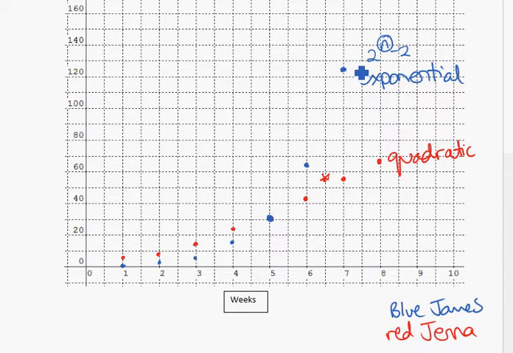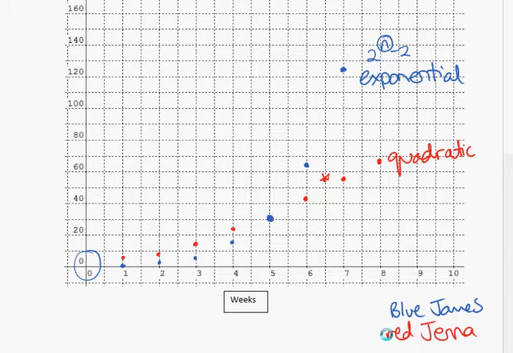But a major difference is that James's one is exponential, which has exponential growth, which of course is much steeper, much quicker, gets much steeper, much quicker than the quadratic graph. They're both the same at 5 weeks for $30. We could talk about the y-intercept. Once again, it doesn't really make sense in this situation, but you could work it out.